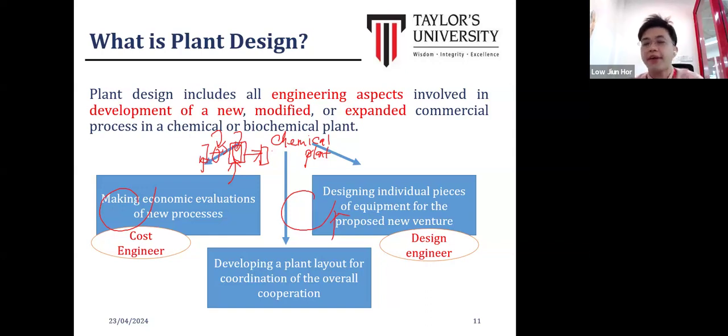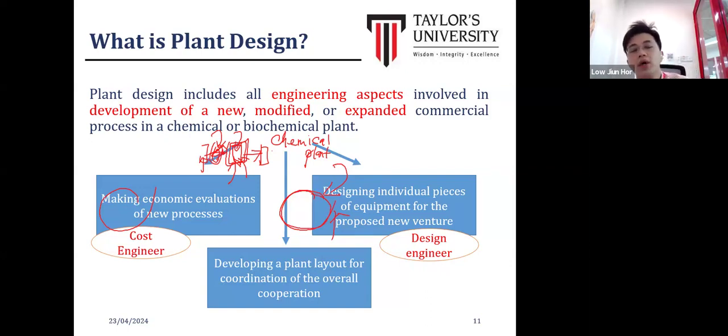For example, the size of the reactor, the size of the distillation column that we are going to construct in our chemical plant design. If you deal with the mechanical design of the unit operation, for example, reactor, distillation column, and so on, then you are also considered a design engineer.